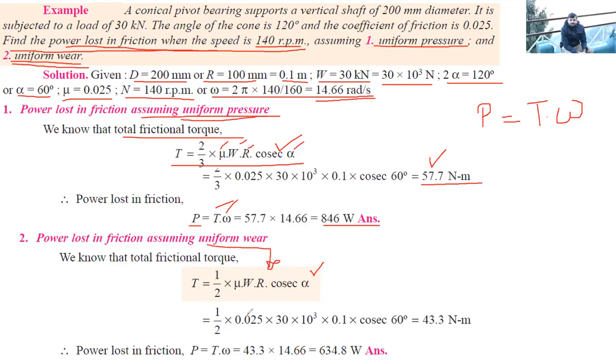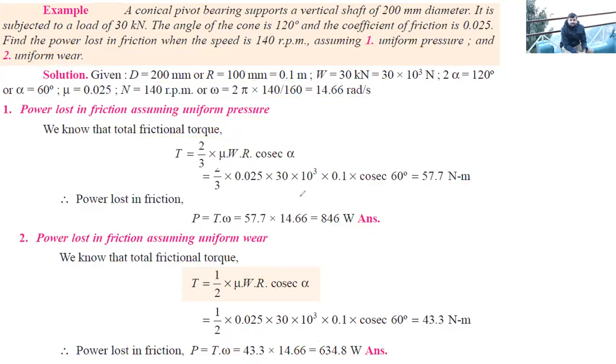So we'll substitute all the values of mu, W, R, and alpha, and the frictional torque comes out to be 43.3 Newton meter according to uniform wear theory. Okay. Again, for calculating the power, we'll substitute T and omega, and it comes out that the power loss as per uniform wear theory is 634.8 watts. Okay, so the numericals are again very straightforward.